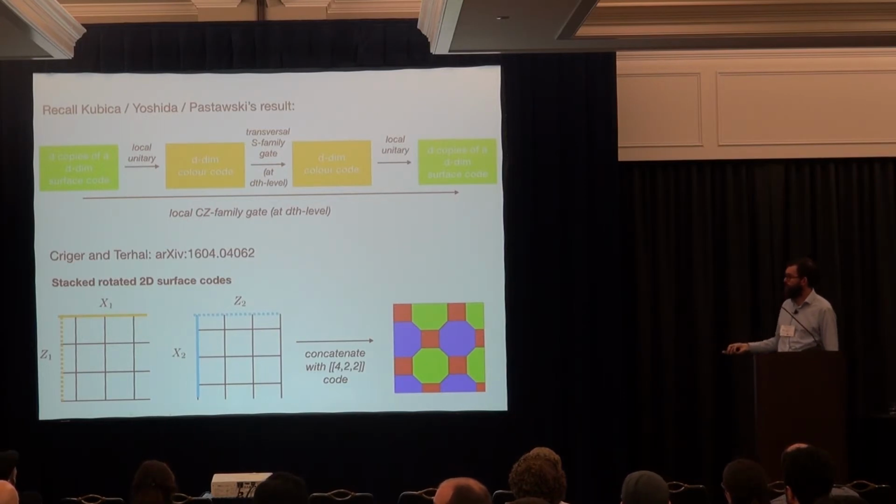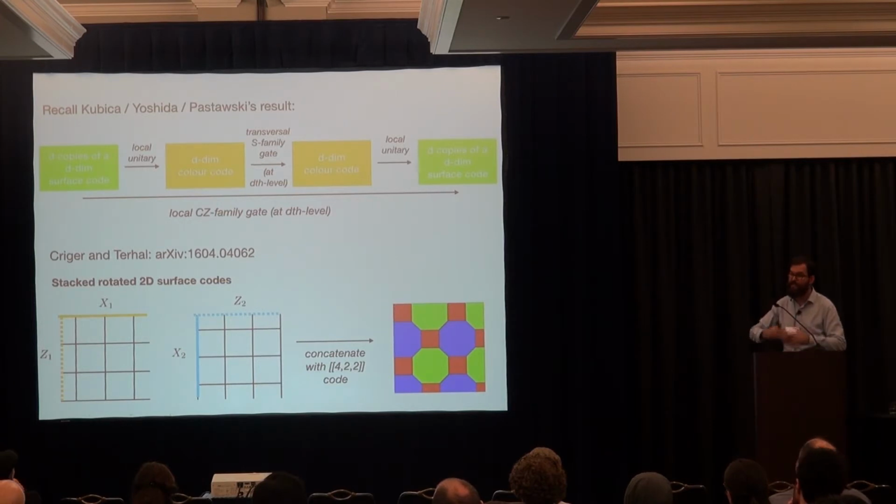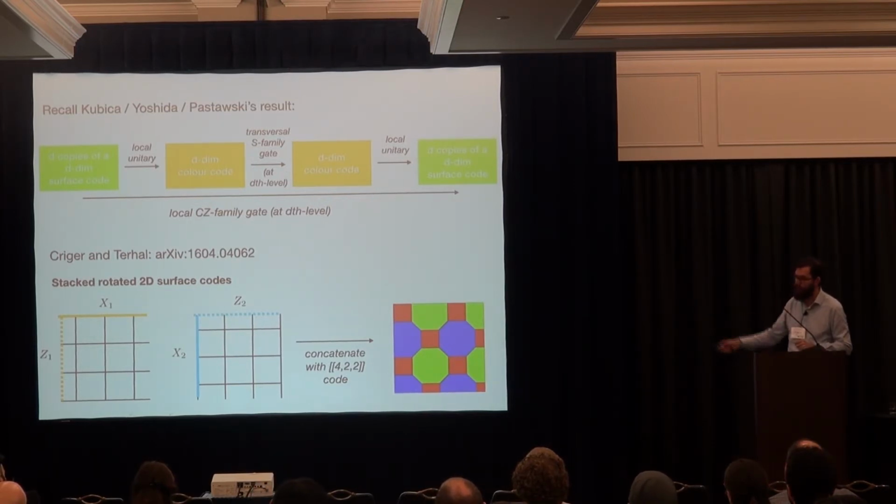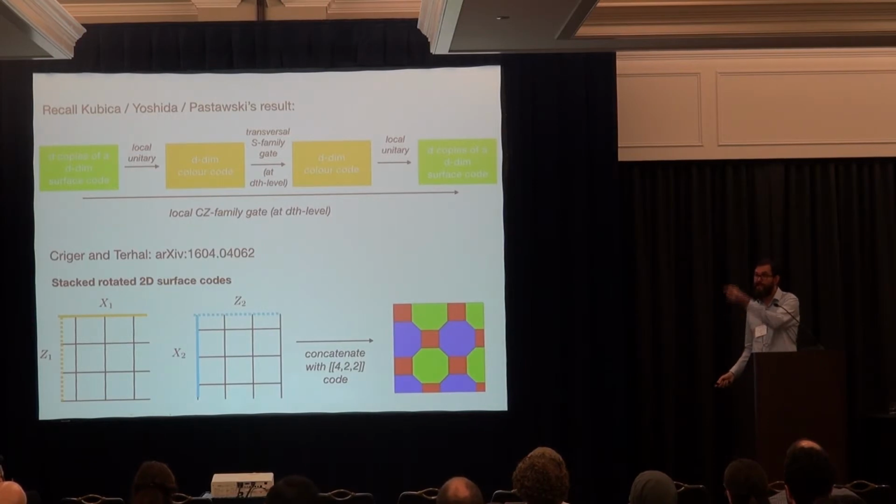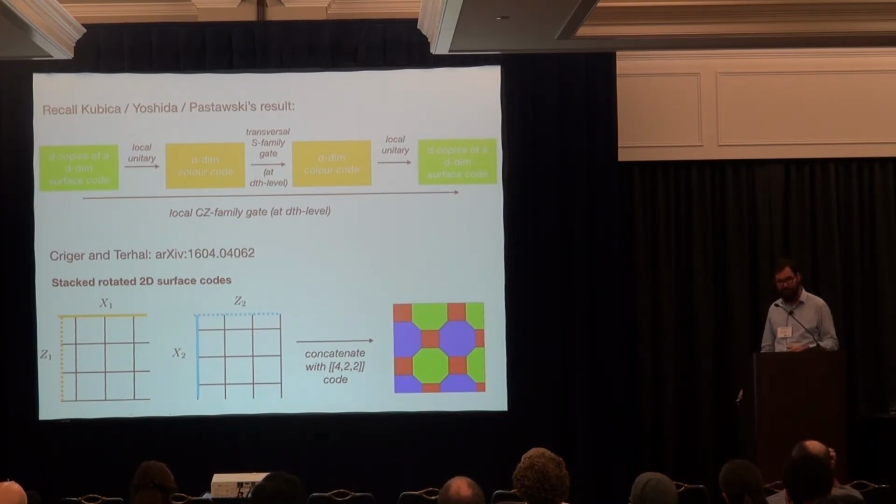So what they showed was if you take 2 2D surface codes oriented at 90 degrees to one another, such as the 2 codes we had with our transversal CZ gate, and you concatenate those 2 codes with the 422 code, which means you take every pair of qubits in the stack and concatenate into this 4-qubit code, you get a color code.